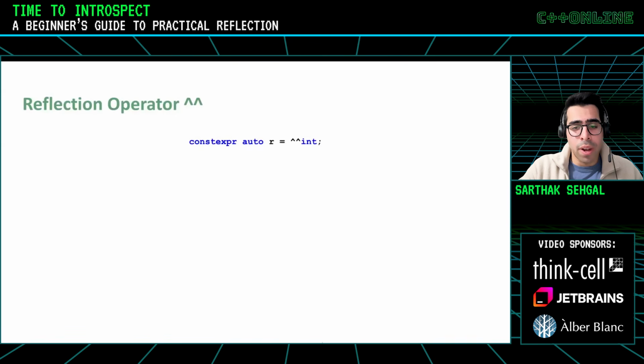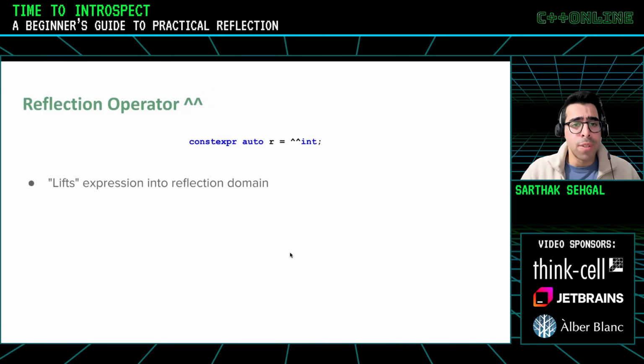So the first thing is the reflection operator. Here I have this code: constexpr auto r = ^int. This caret is the new reflection operator being introduced. What this operator does is it lifts the expression into the reflection domain.